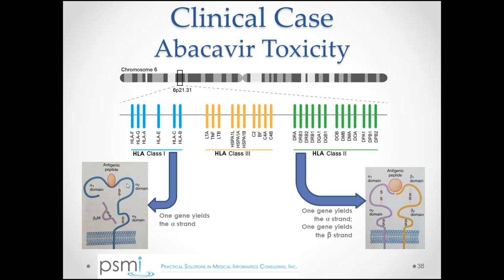It can interact with this binding groove, and it then alters the binding properties of that molecule, allowing it to bind and present novel peptides that it wouldn't normally have presented. And that then results in the HLA molecule presenting novel peptides and triggering a hypersensitivity reaction. And that's specifically for the HLA-B 5701 allele.